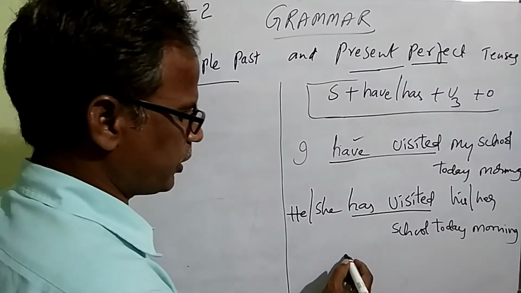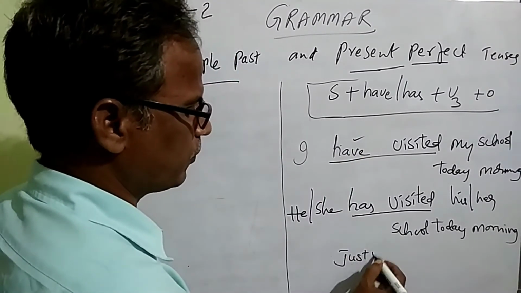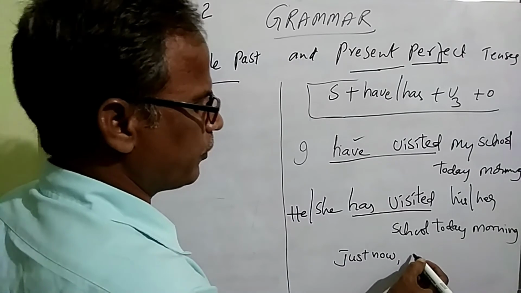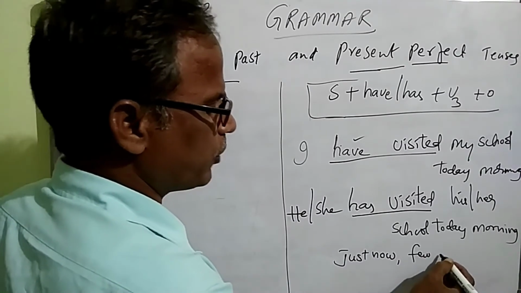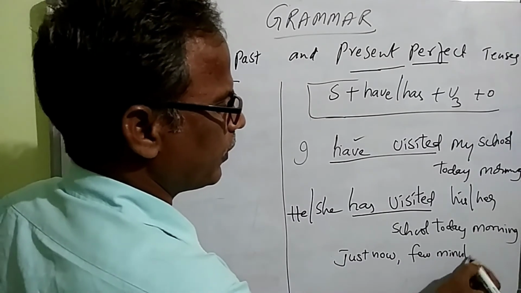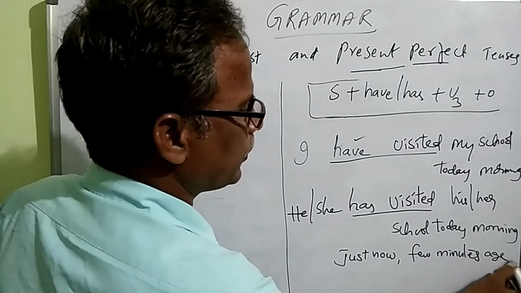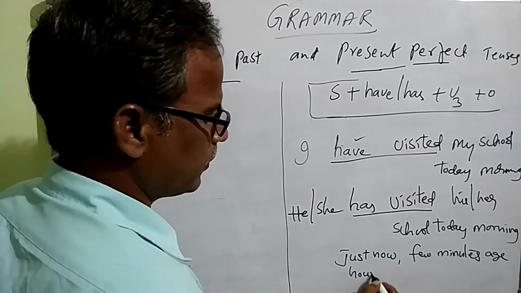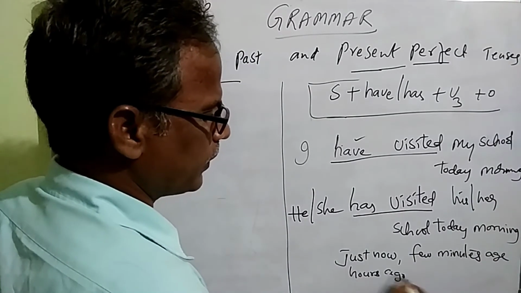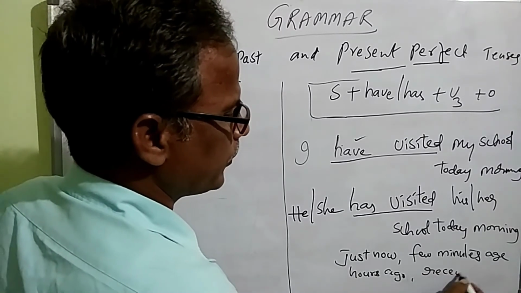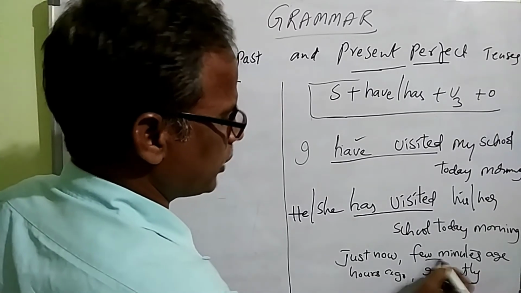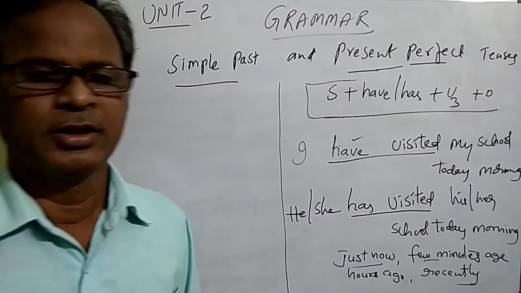Here generally we use clue words such as just now, few minutes ago, hours ago, and recently. These words will come at the end of the sentences.